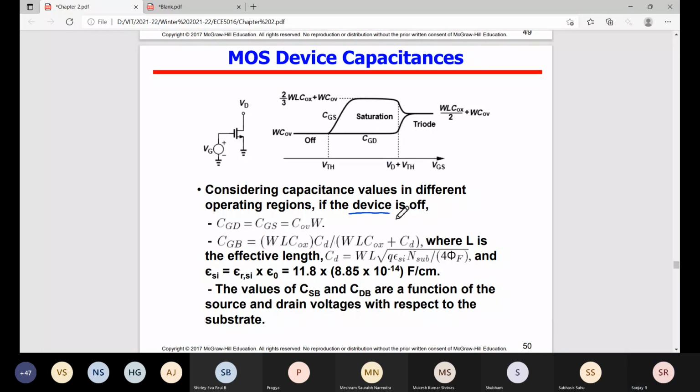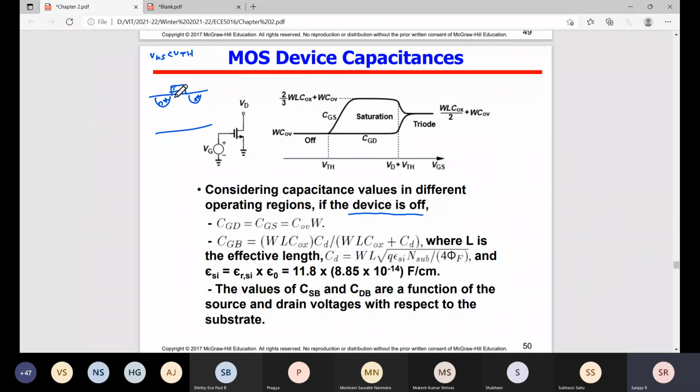Let me draw it. Off means VGS less than VTH; don't think there is no inversion, you need to think like this.